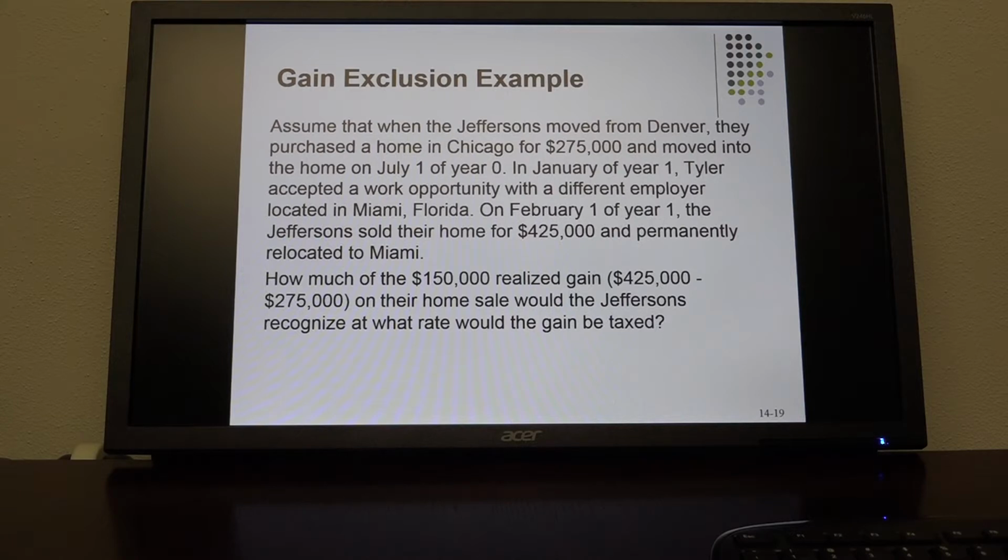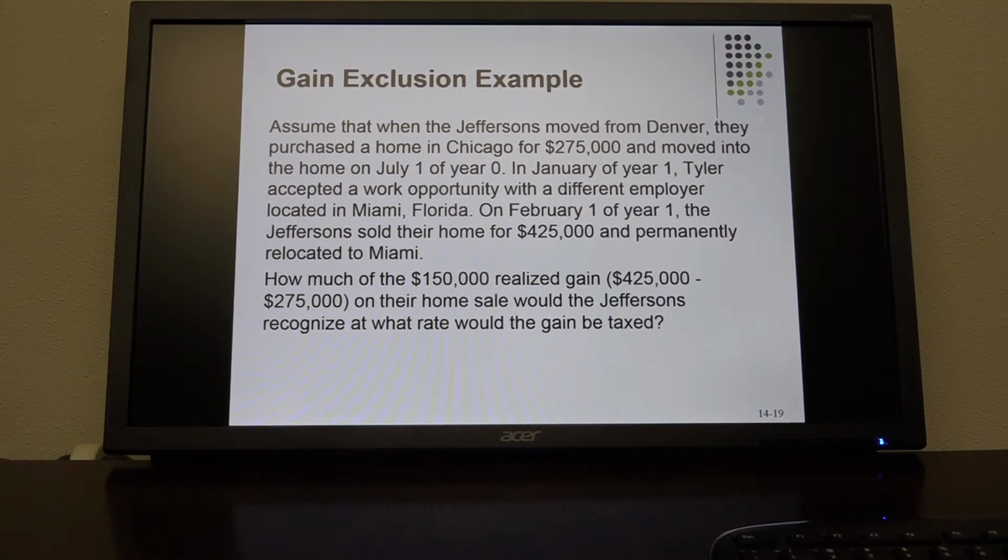So that's a lot of stuff there. So they purchased it for $275,000. Sold for $425,000, so you've got a gain there of what, $150,000?